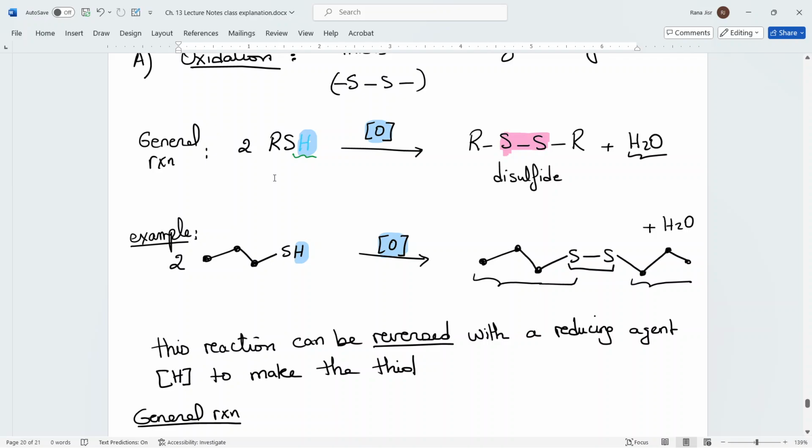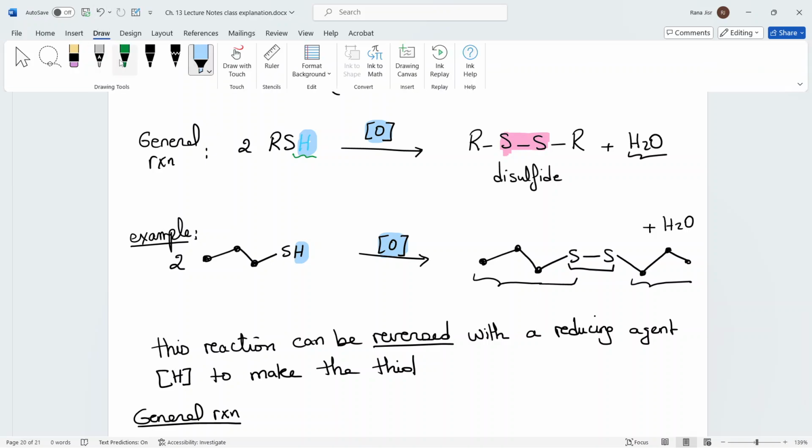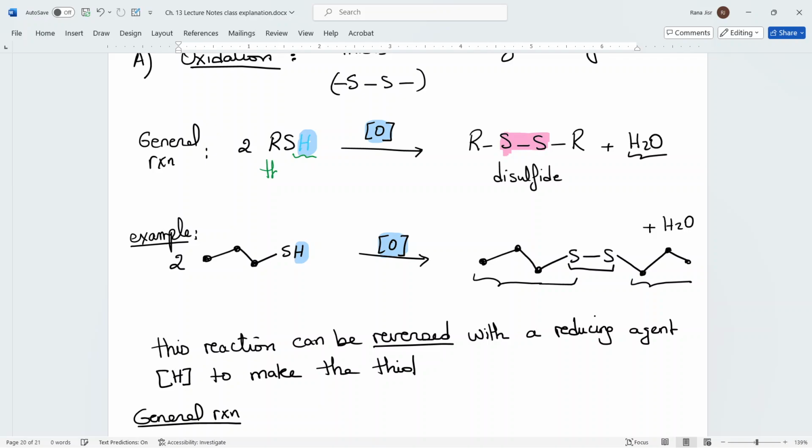Now the thiol oxidation, so we're starting with thiols here. It's called the thiol oxidation reaction, and it is reversible. What does that mean? It means that I can start with a disulfide and retrieve my thiol back, but in this case, instead of doing oxidation, I need to do reduction.